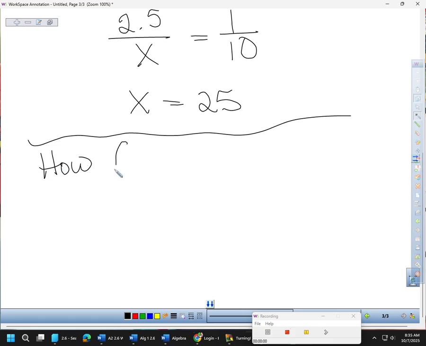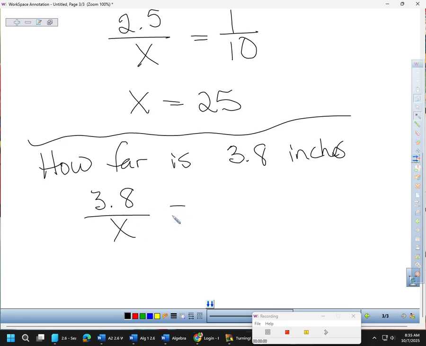How far is 3.8 inches? So again, we take our given information, 3.8, put it over x, equals our scale. And in this case, our scale is 1 inch per 10 miles.